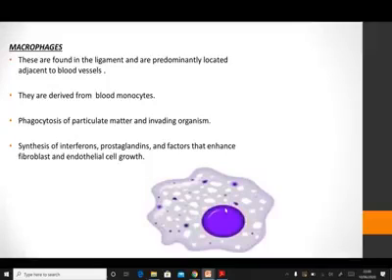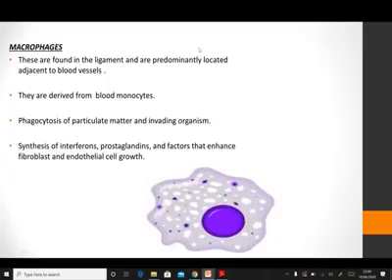The macrophages phagocytose any invading organism or the foreign matter. They also synthesize interferons and prostaglandins and factors that enhance the growth of the fibroblast and the endothelial cell growth.